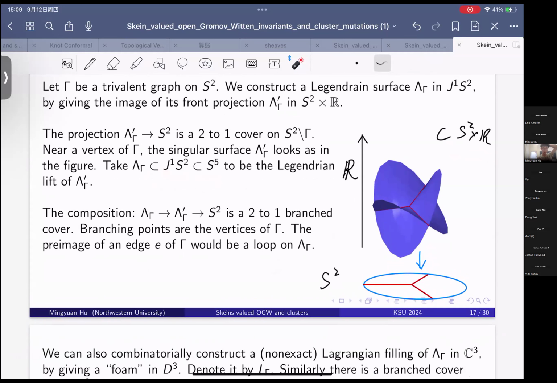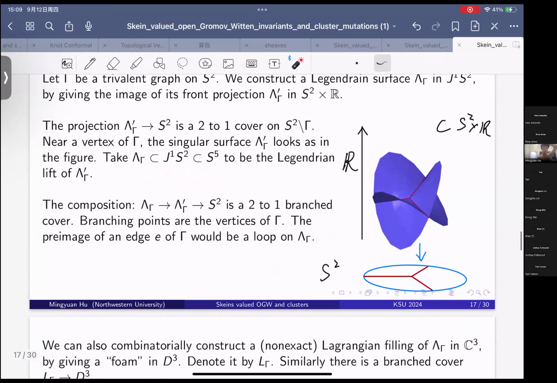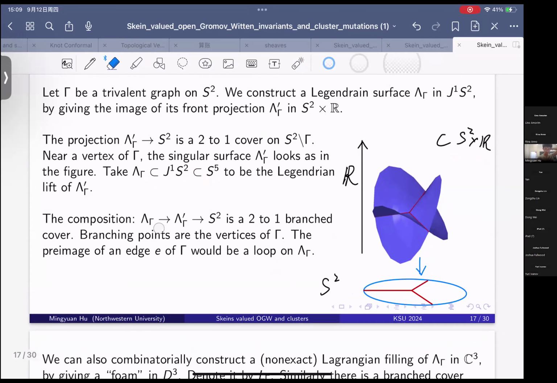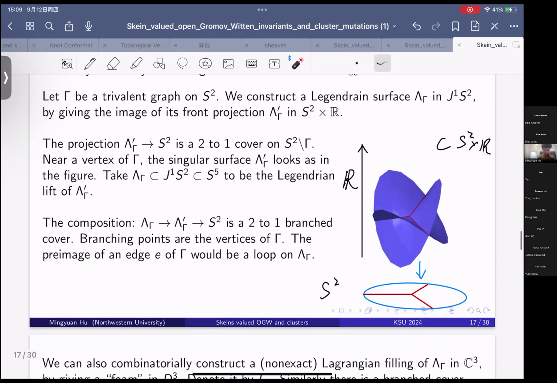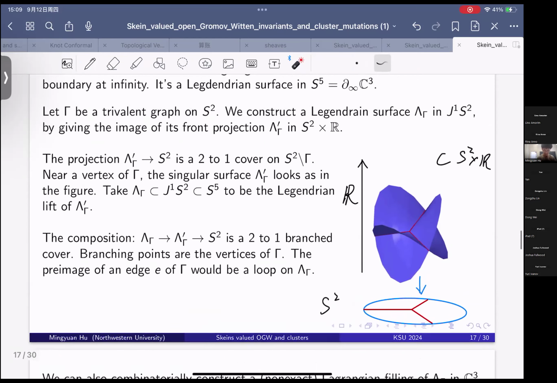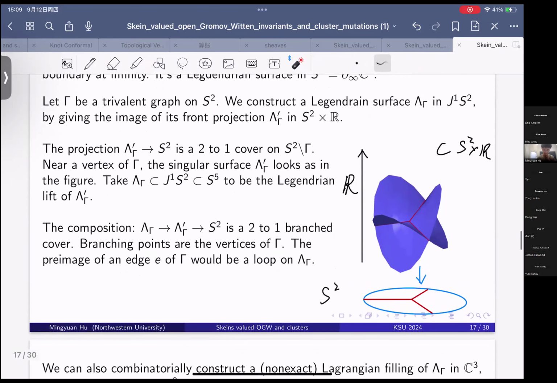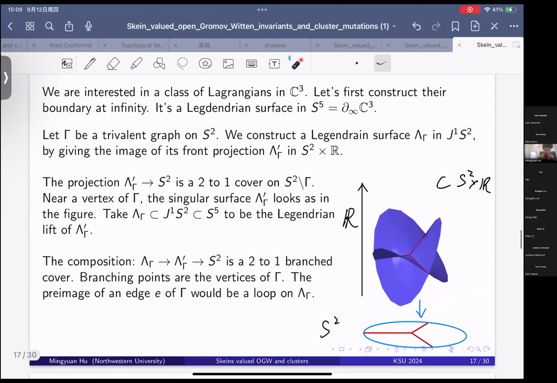Then we get a Legendrian surface, and by our construction it is a 2-to-1 branch cover, branching exactly at the vertices of gamma. This is a long story, but in short, whenever you have a gamma, you can construct a Legendrian surface inside S5.